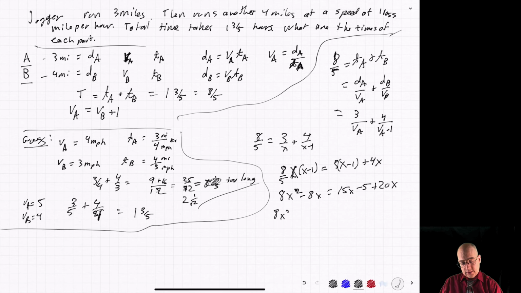So we have 8x squared. 15x, 20x is 30x minus 5. And I'm going to bring that over to this side, so minus 38x, and then plus 5 equals 0. Wow, that looks awful. Doesn't seem like I should get a nice number out of that.